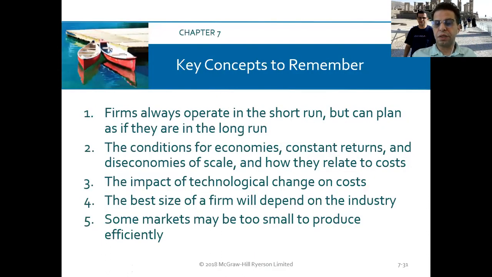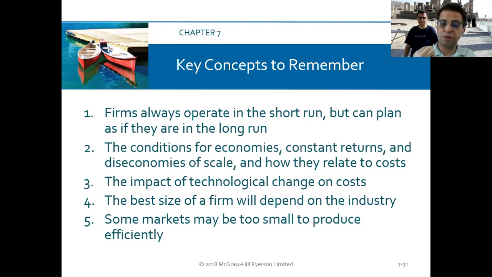So in chapter 7, firms always operate in the short run, but can plan as if they are in the long run. The conditions of economies of scale, constant returns, and diseconomies of scale, and how they are related to cost, are concepts that you need to remember.